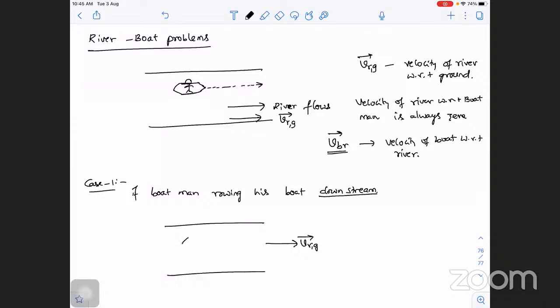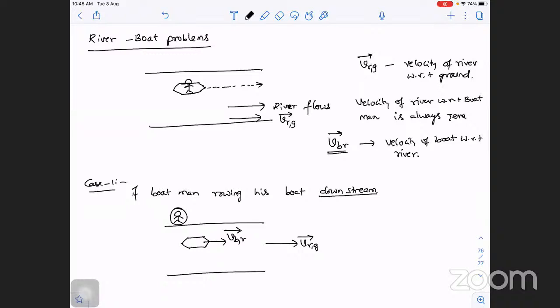Now how is the boatman going? Similar things we have done. Now the boatman is rowing his boat along the river direction. Then what will be the boat velocity as seen by the person on the ground?